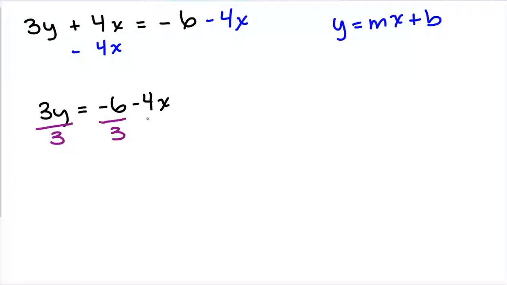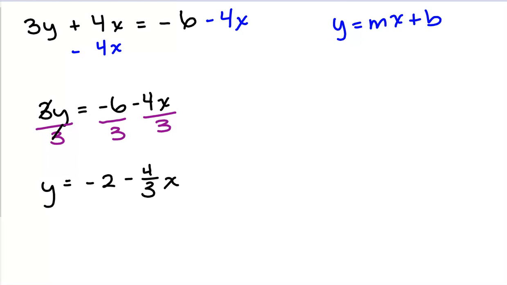When we divide by 3, we're going to divide each section here, so we're left with these canceling out. y equals negative 2 minus 4/3x.